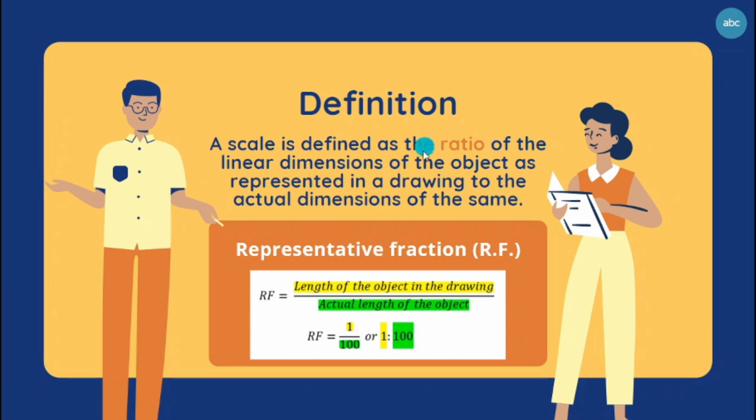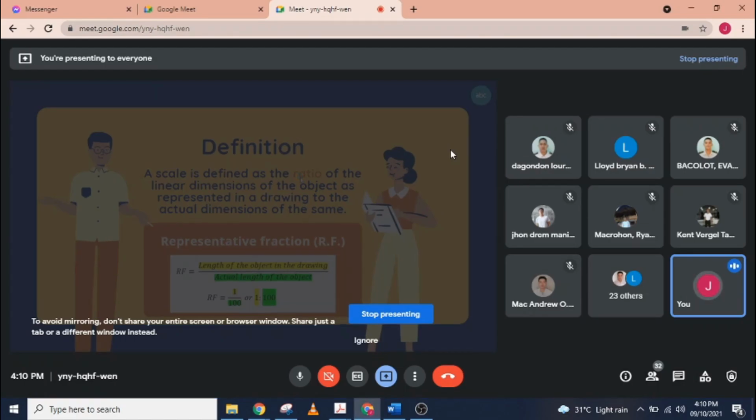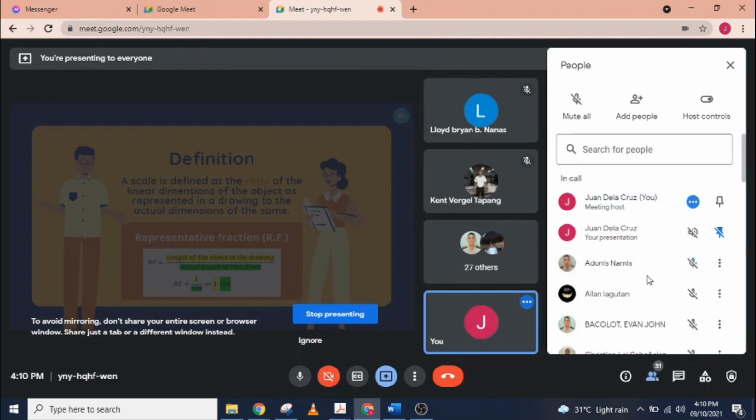Okay, so ratio, class. When we say ratio, ano yung naiisip natin dyan? Ma-encounter natin yan sa math, most especially. So, ano yung pumapasok sa isipan nyo when you see the word or hear the word ratio? Yung between na measurement niya, sir.